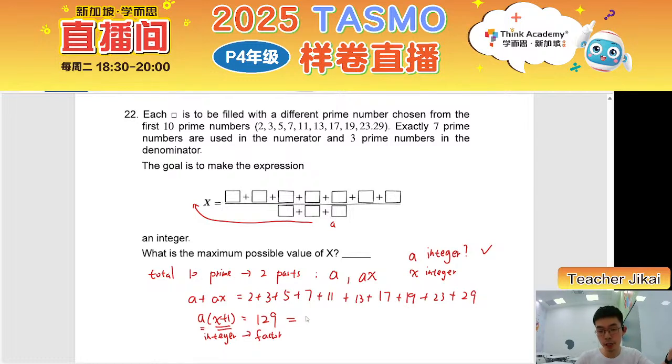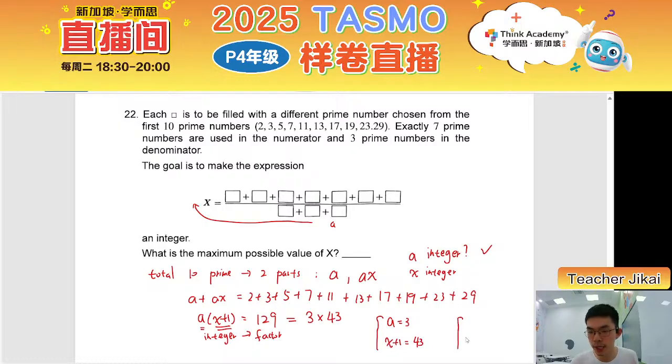And once you do the factorization, you can see 129 is only what? It is only 3 times 43. So you can see, a times (x plus 1) is 3 times 43. So you know there are two solutions for a and x plus 1, right? So it is a equal to 3, x plus 1 equal to 43.